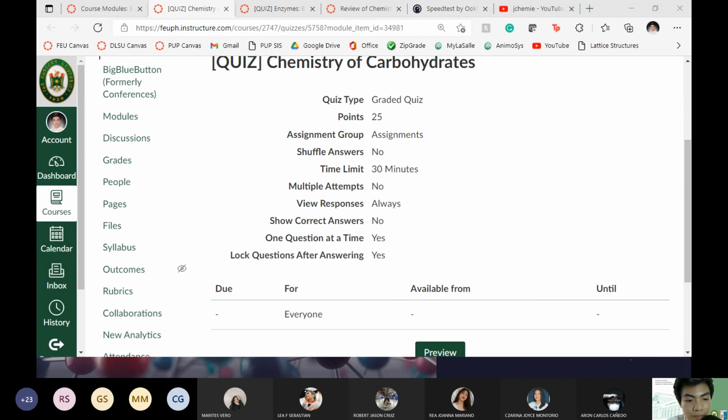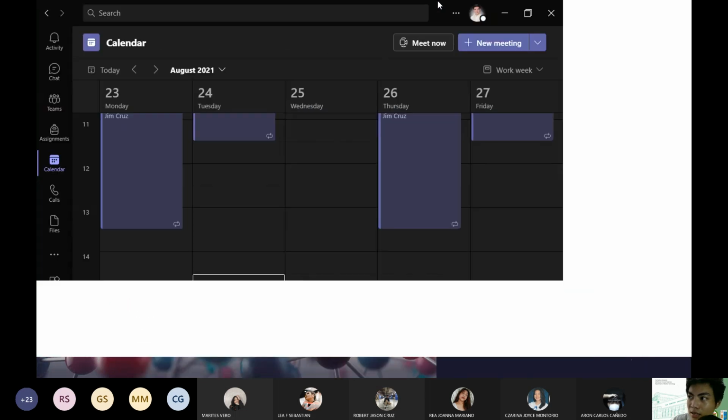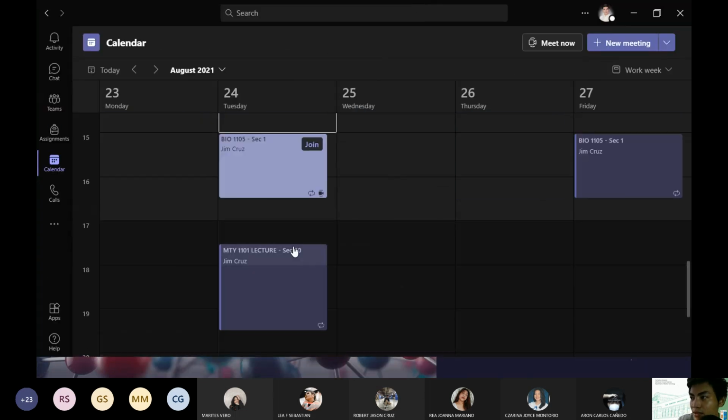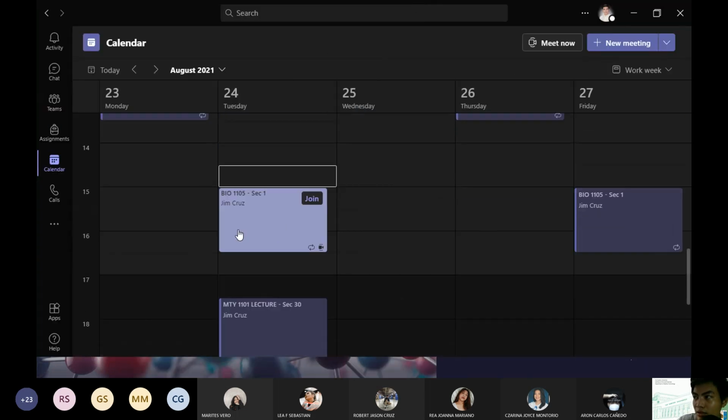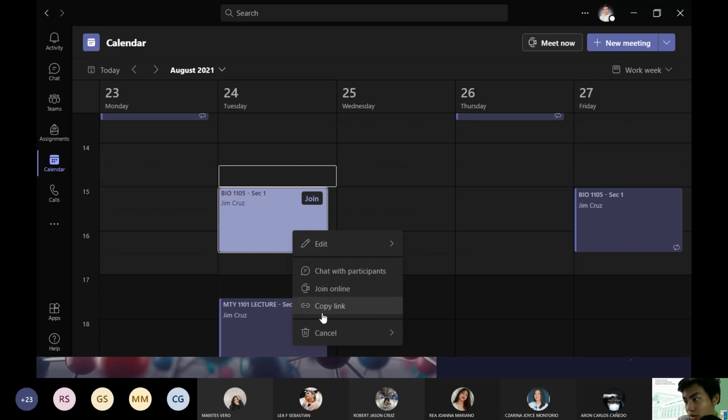Kung may classmate kayo na wala pang link, right click na lang, then copy link dito sa Teams. Okay? So punta lang kayo sa schedule nyo, sa calendar sa Teams. Ito yung ating schedule, Tuesday, Friday, same time. Kung wala pang link yung classmates nyo, just right click and copy the link.